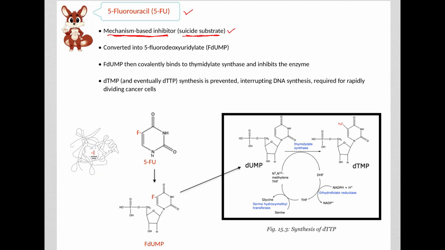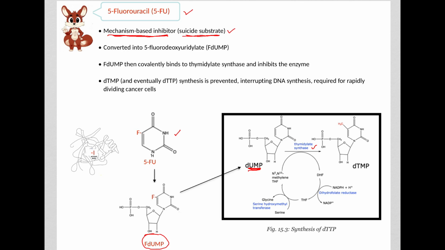So the drug itself, 5-FU, is not an inhibitor. However, when we take in the drug, the 5-FU is converted into FdUMP, the fluorinated form of dUMP. Now dUMP is the substrate for the enzyme thymidylate synthase.